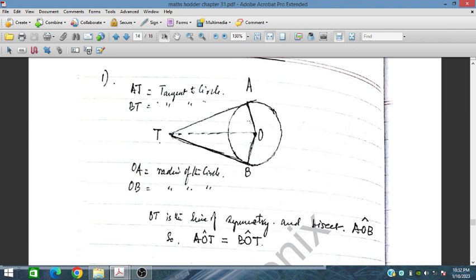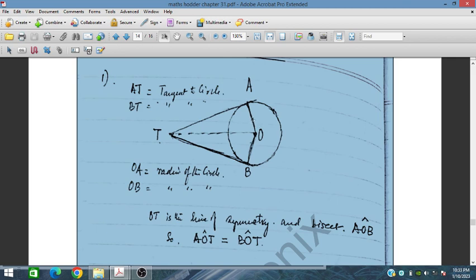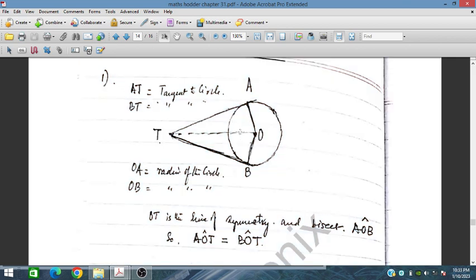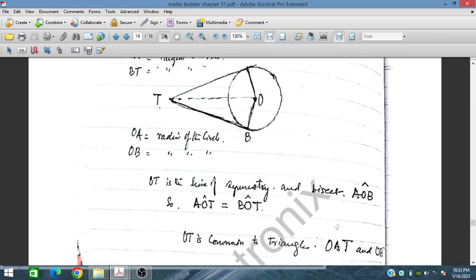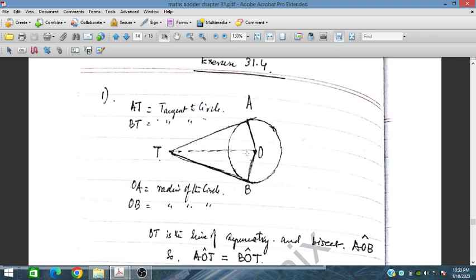This angle from here to here and this angle from here to here are equal, and OT is common to the triangles OAT and OBT.